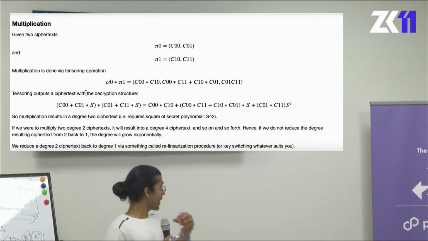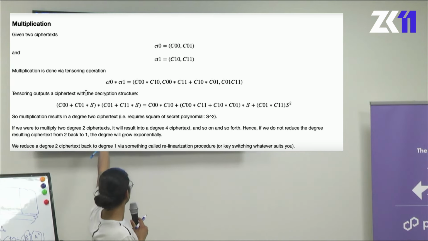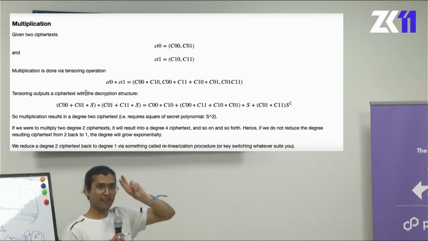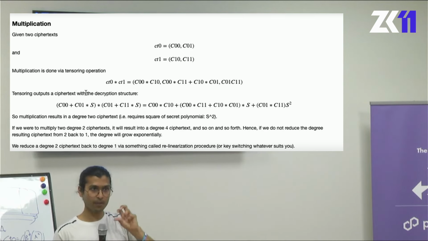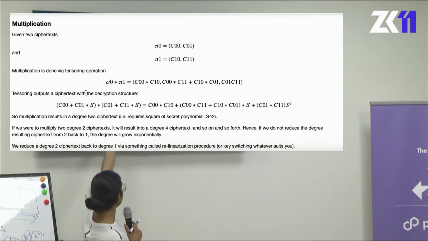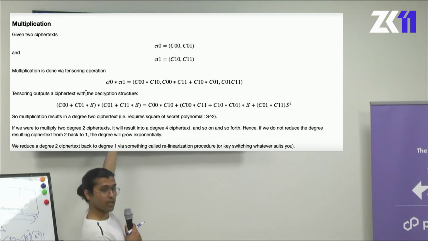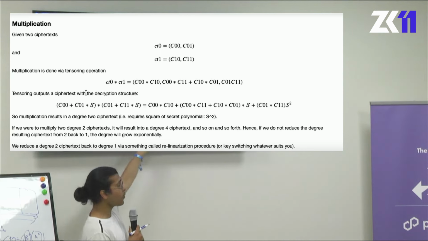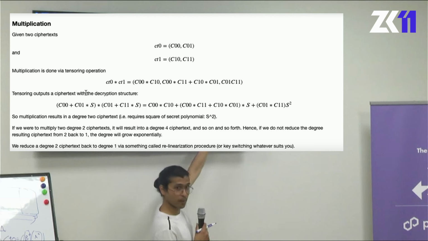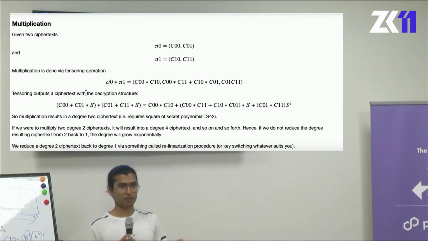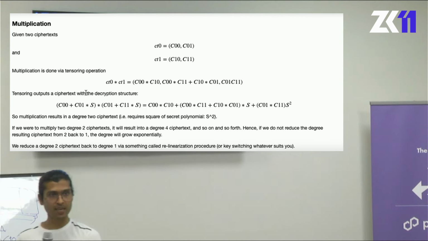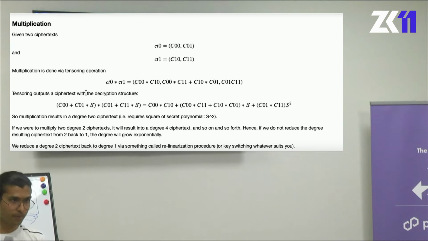Initially, we were working with a degree 1 ciphertext when we think of S as the X of the polynomial. So you only needed access to the secret to be able to decrypt it. But now we need access to the secret squared to be able to decrypt it. And this is a problem for us because when we multiply the ciphertext again, it will become x to the power 4, x to the power 6, x to the power 16, and so on and so forth.